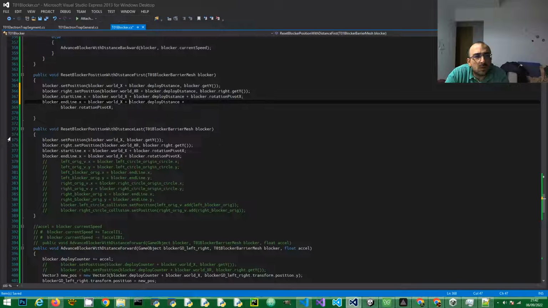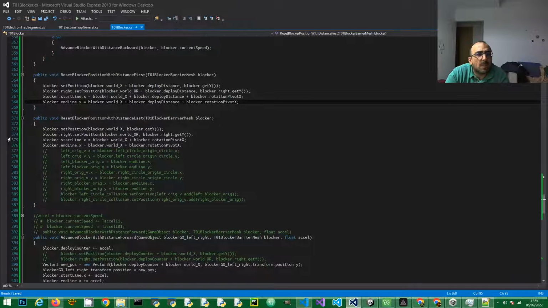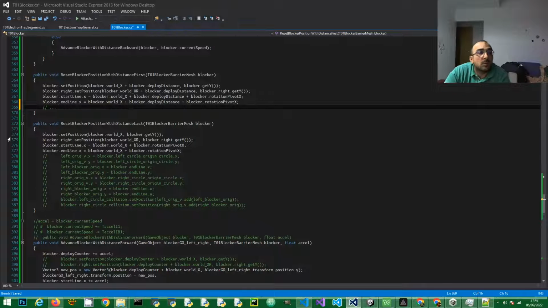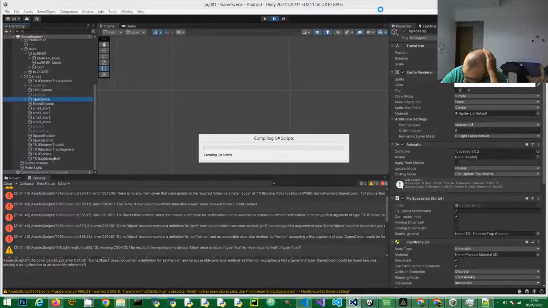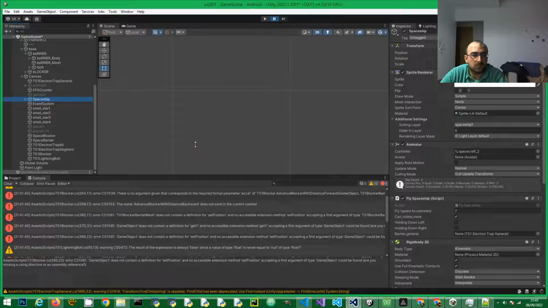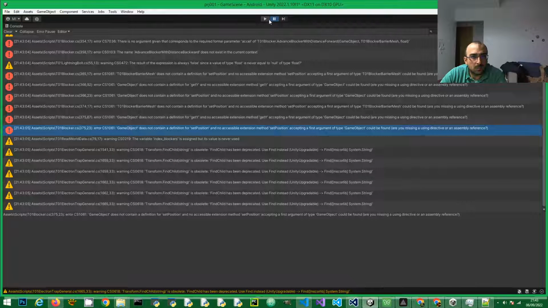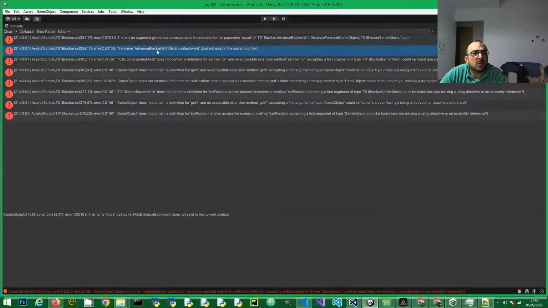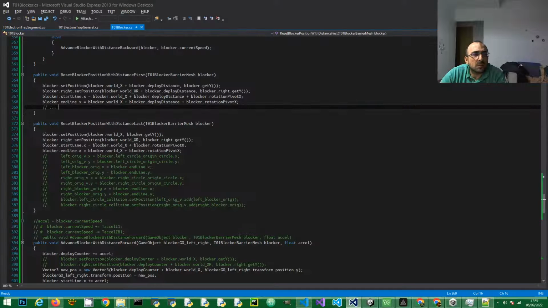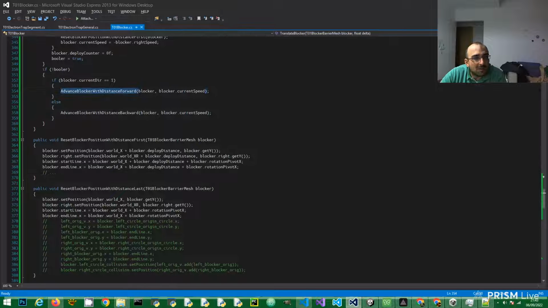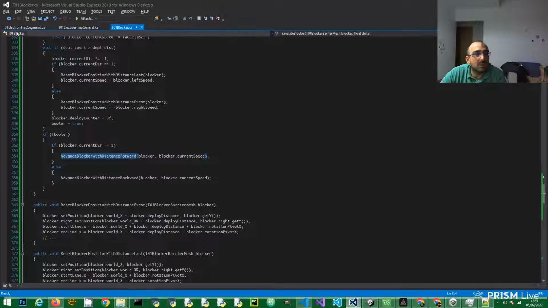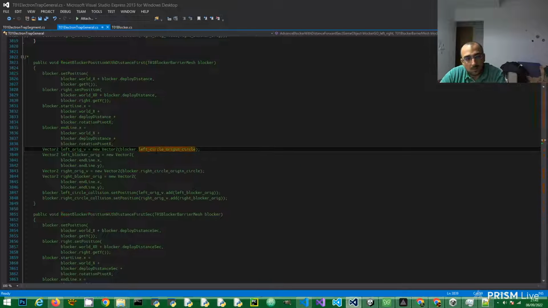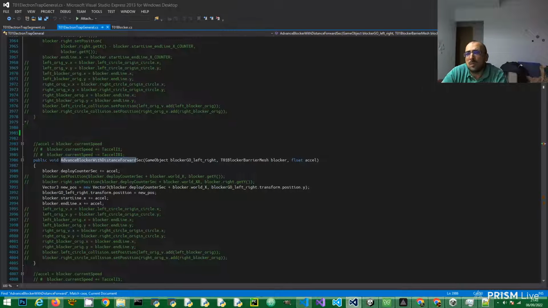I don't think it's going to work because, okay. Good. Advanced blocker with distance backward. Oh, it's the advanced. We need this function also. Okay. Where is it?